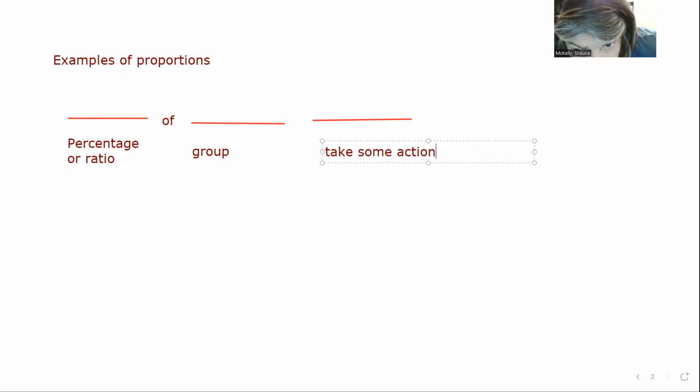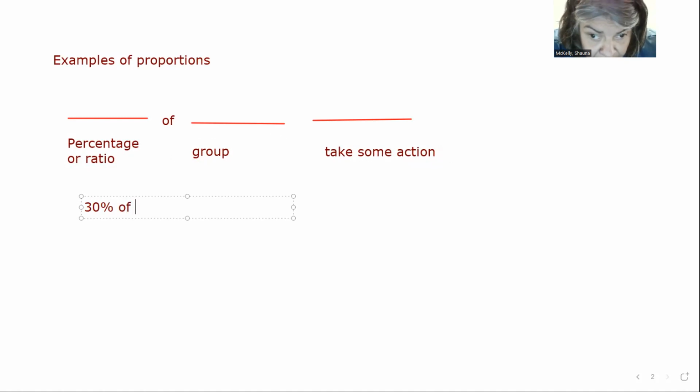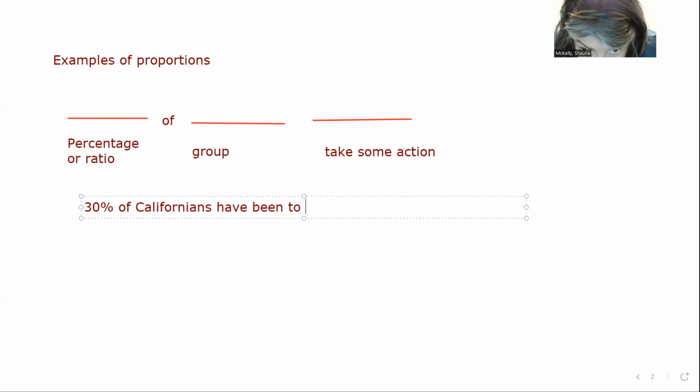That's generally how a proportion works. So for example, I could say 30%, and we don't have to make it true, we don't have to look these up, 30% of, let's say, Californians, what action have they taken? Have been to Disneyland.